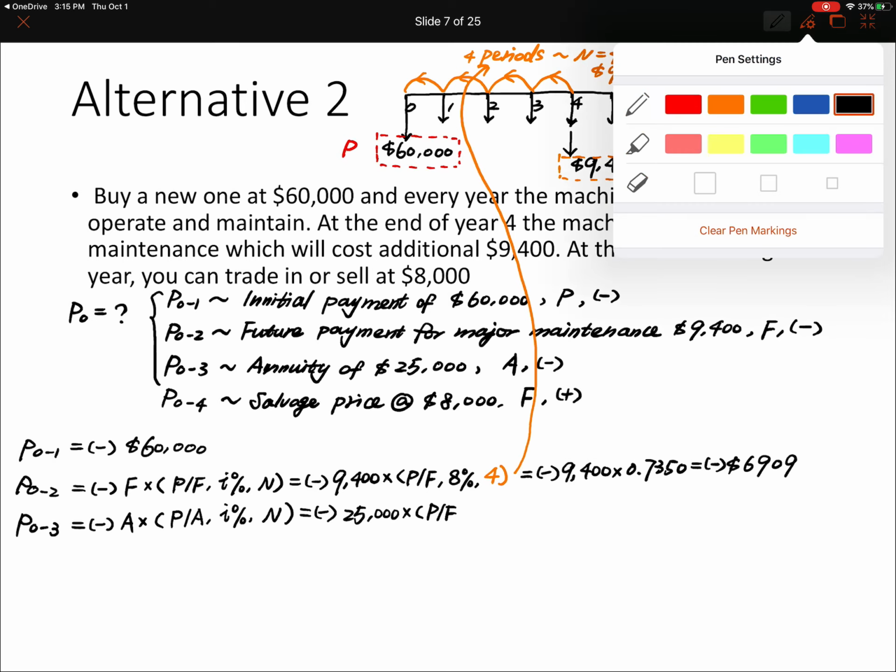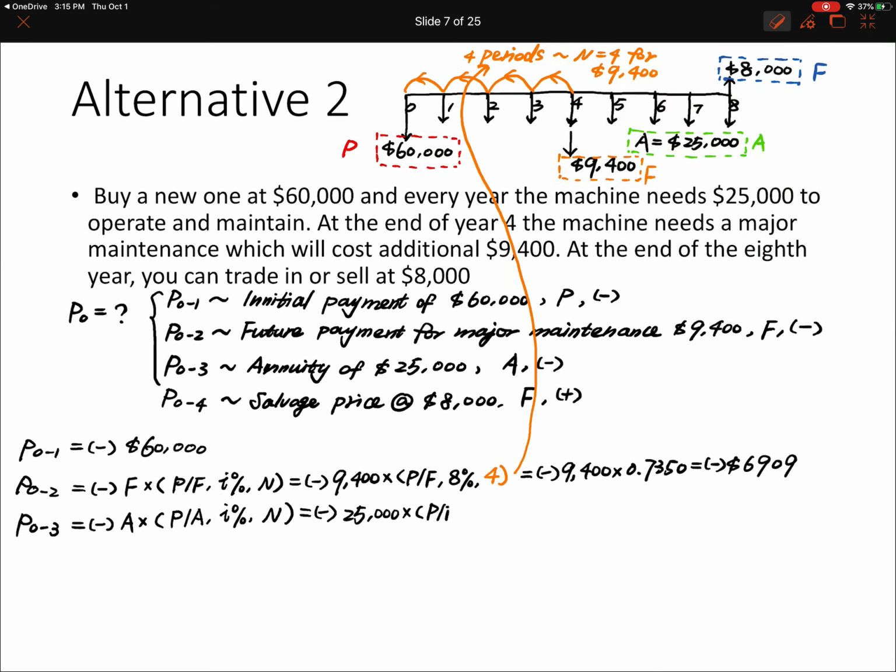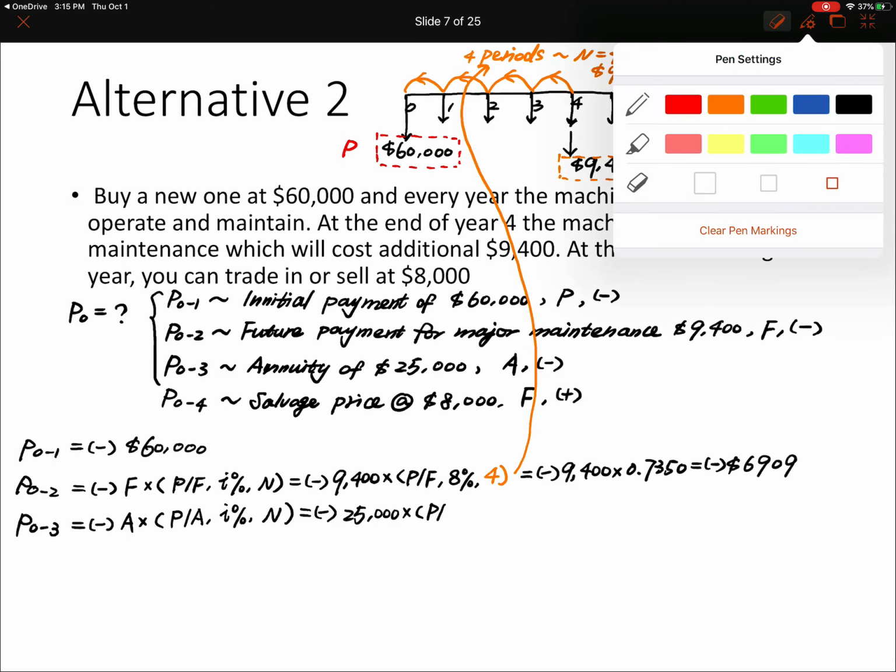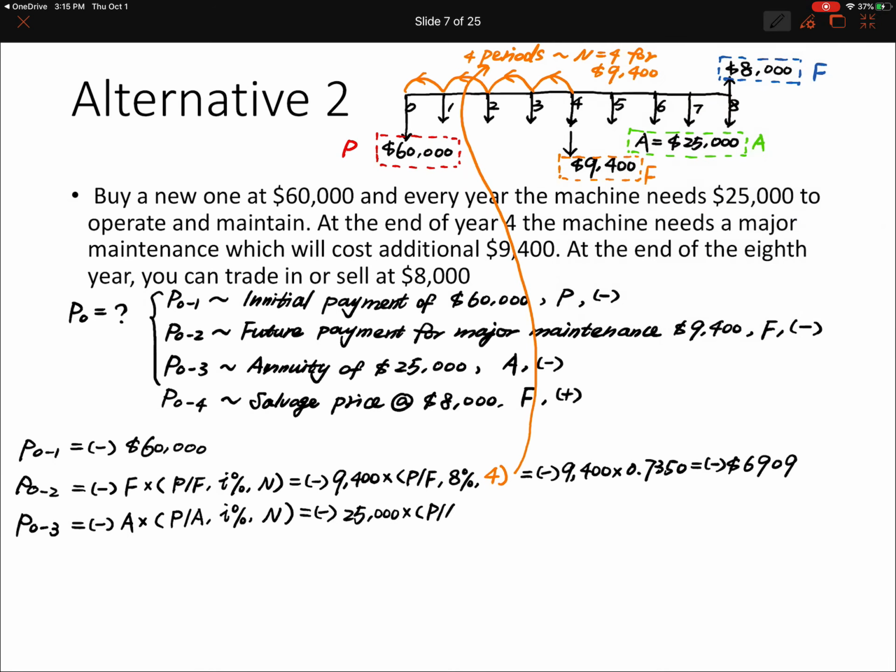The factor is P/A, 8%. This annuity occurred at the end of every period for 8 times, so the N now is 8.